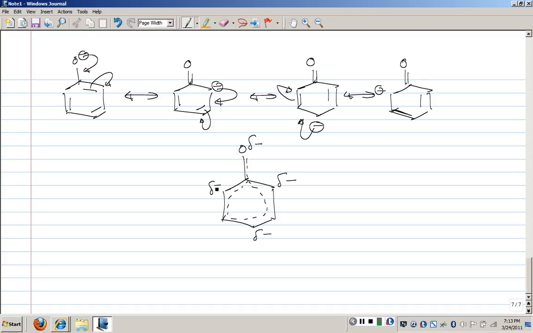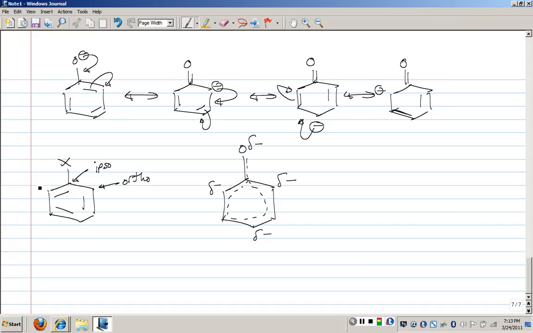Now, just a bit of geography here. The carbon of a benzene ring that bears a substituent is called the ipso carbon. The carbon adjacent to it is called the ortho carbon.